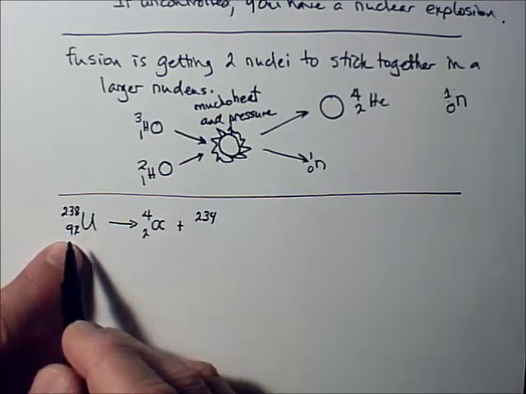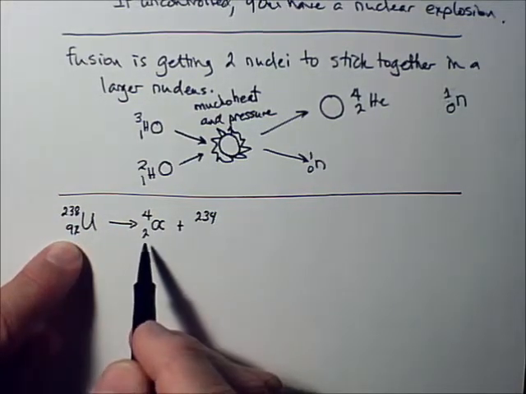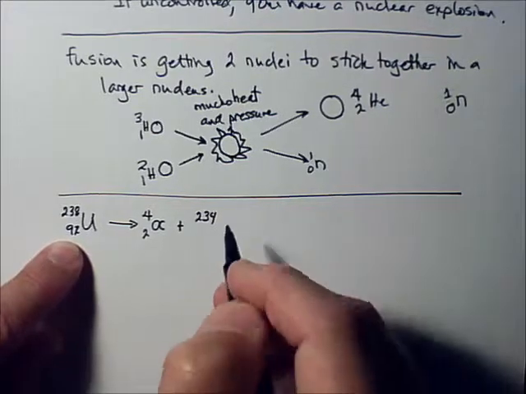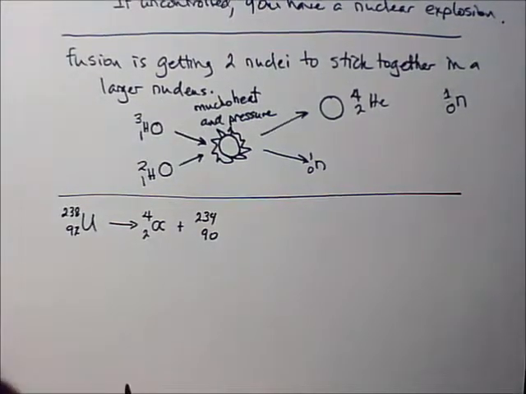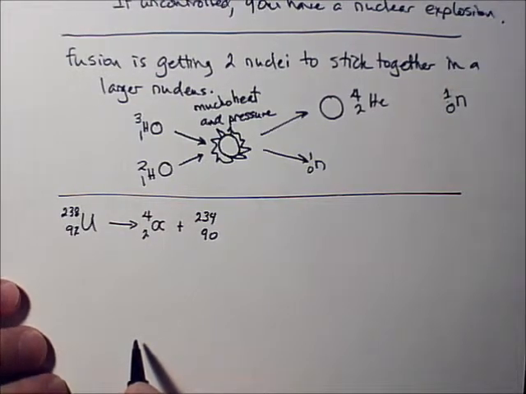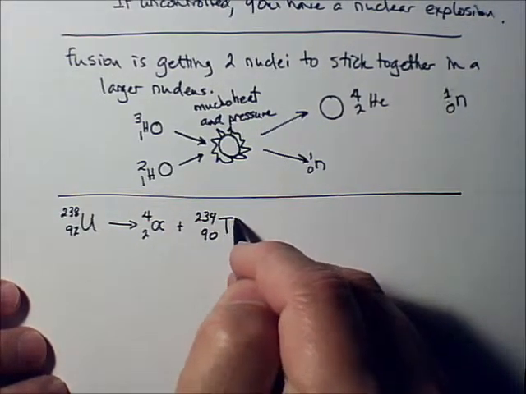And if I have an atomic number, which is the number of protons, and I give away 2 protons, what is this particle's atomic number going to be? 90. What element has an atomic number of 90? Thorium.